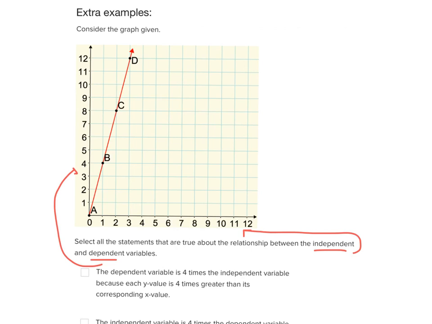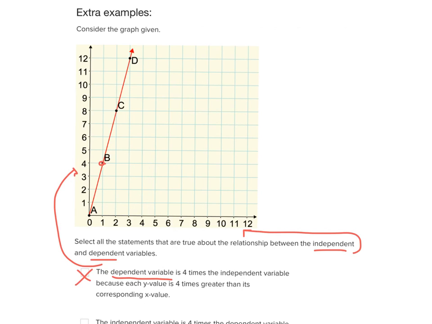First situation. The dependent variable is 4 times the independent variable. This is exactly like the cost of grapes graph, and that is true. Like the ordered pair for B, that's 4 whatever, and that is dependent on the 1.